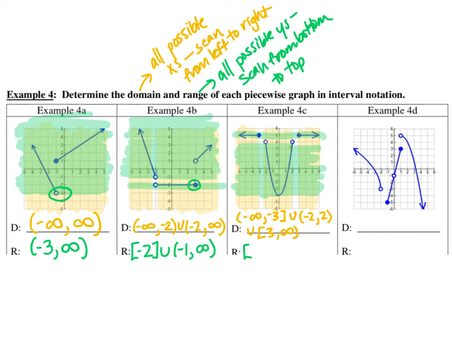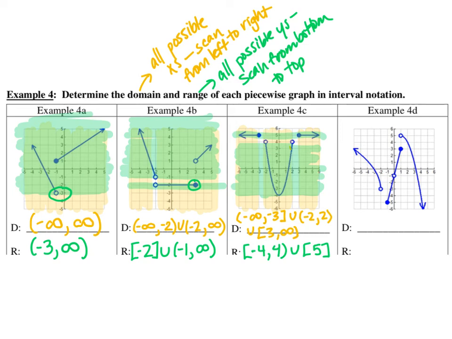Even though it doesn't have a closed dot, it's still part of our main graph. And then we continue moving up until we hit +4, and that's at an open dot. So we have a parenthesis, and then we have a union, and then we have another part of our range at 5. And those are closed dots, so we put that in a bracket.